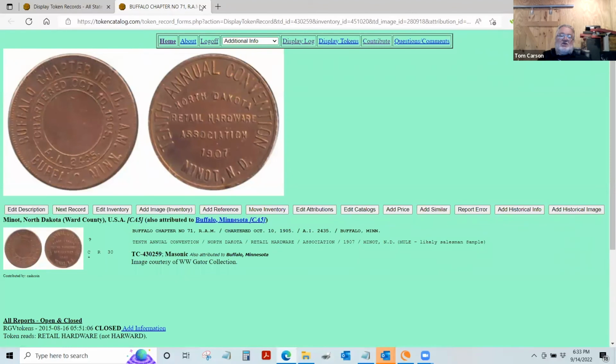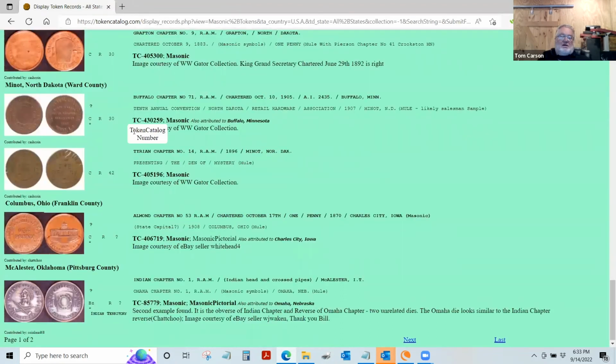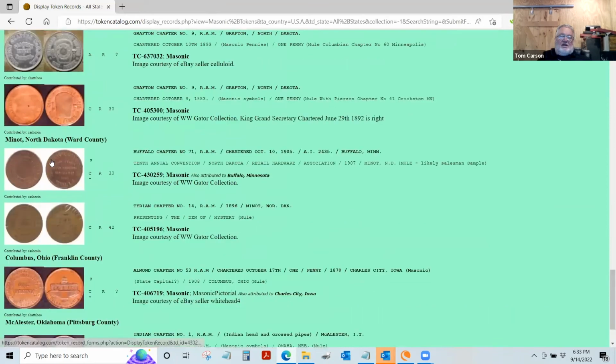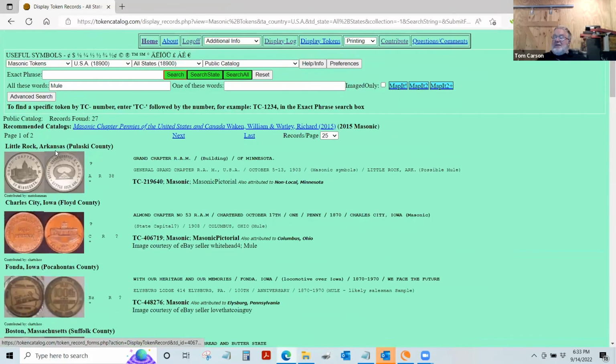Again, this one's likely a salesman's sample of Buffalo, Minnesota, with the hardware convention on the back. So there's some good examples of the mules.